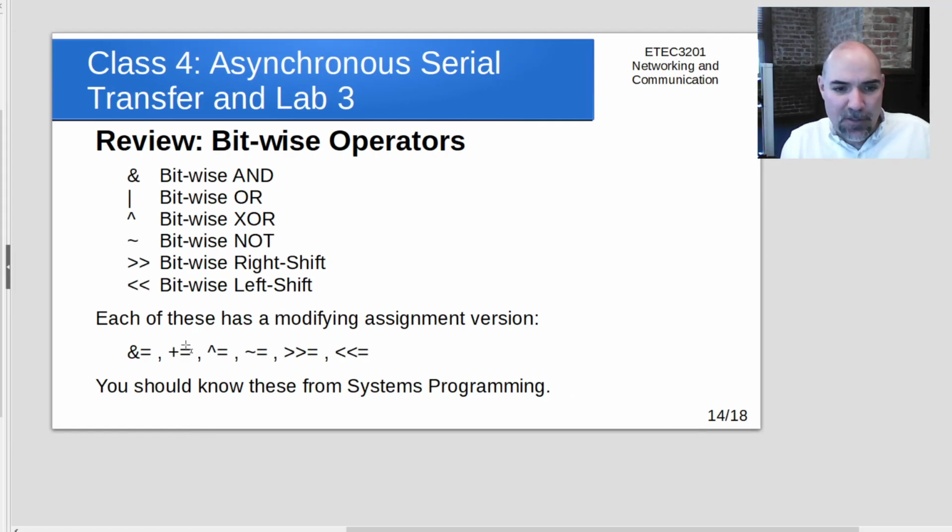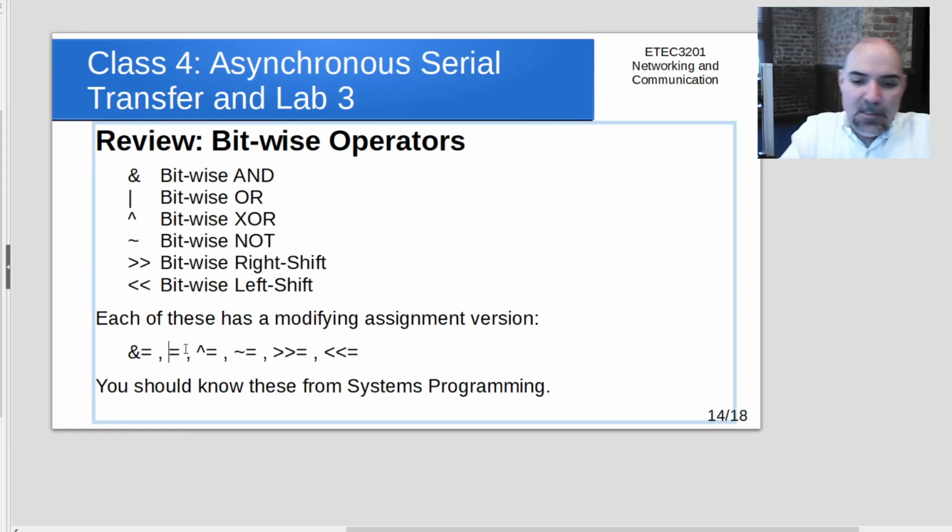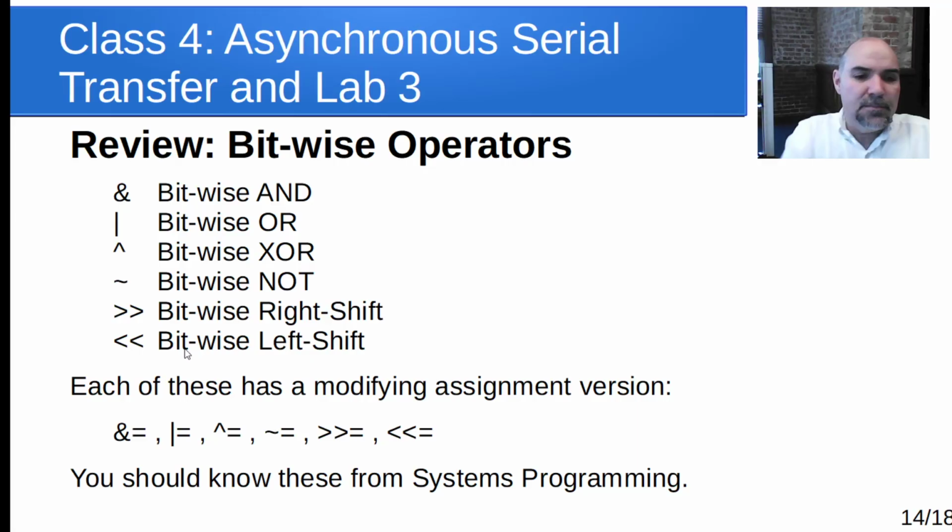Let me fix that. I don't know why that's plus equal. OR equal, XOR equal, not equal, shift right equal, shift left equal. And you should remember those from systems programming. If you don't, you should go back and review that. Maybe look at your lab where you converted characters into binary, printed them out one bit at a time.